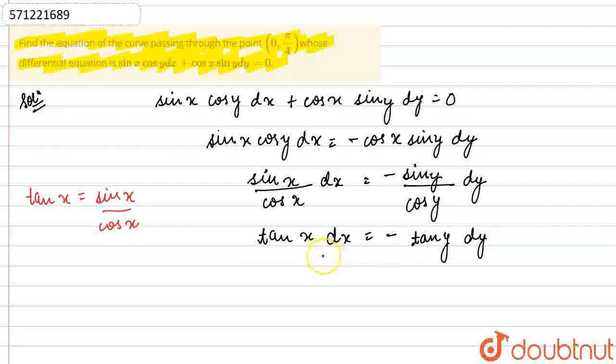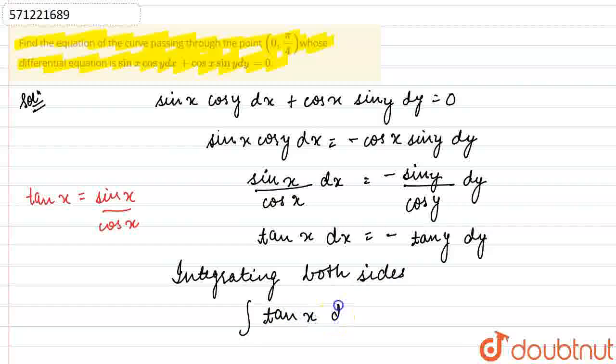Now I have already separated the variables, so I'll just integrate both sides. So what I'll get is integral of tan x dx is equal to minus integral of tan y dy.